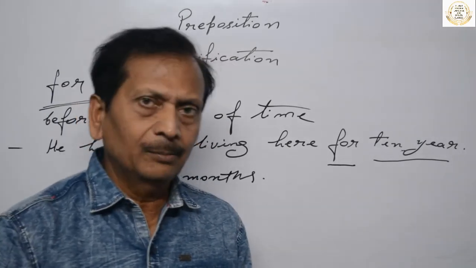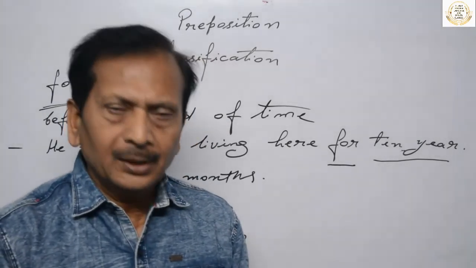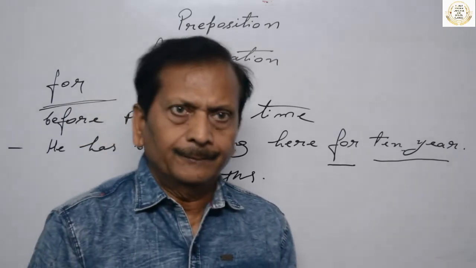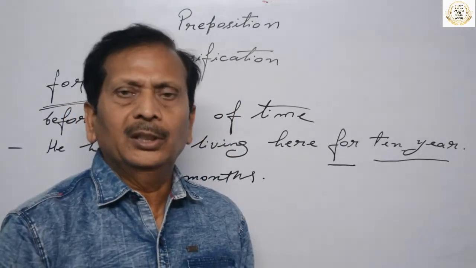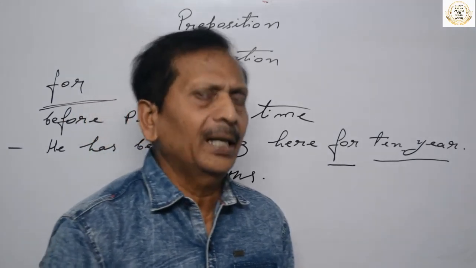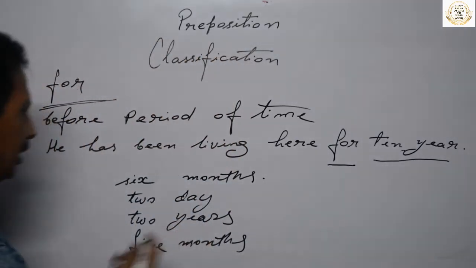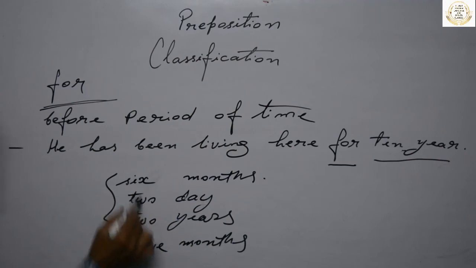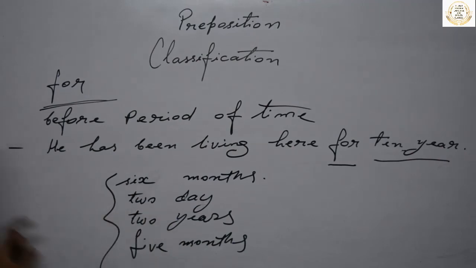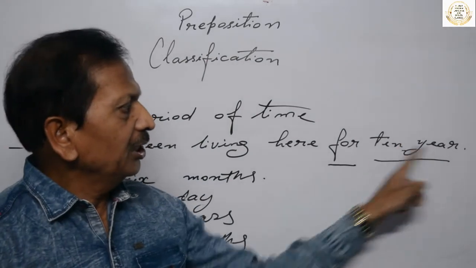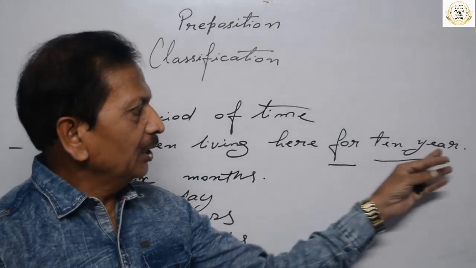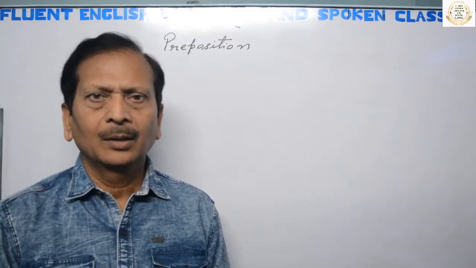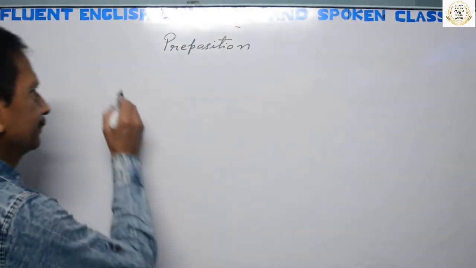Days are counted, months are counted, weeks are counted, similarly years are counted. You can count 4, 3, 10, 9, 5, easily. So this is period of time. Period of time means this, which can be counted: 10 years, 10 days, 10 months, 10 weeks, 20 years. Now since.